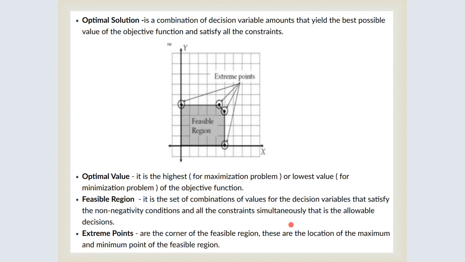The feasible region is the set of combinations of values for the decision variables that satisfy the non-negativity conditions and all the constraints simultaneously, that is, allowable decisions. And the last one is the extreme point. These are the corners of the feasible region. These are the locations of the maximum and minimum points of the feasible region.